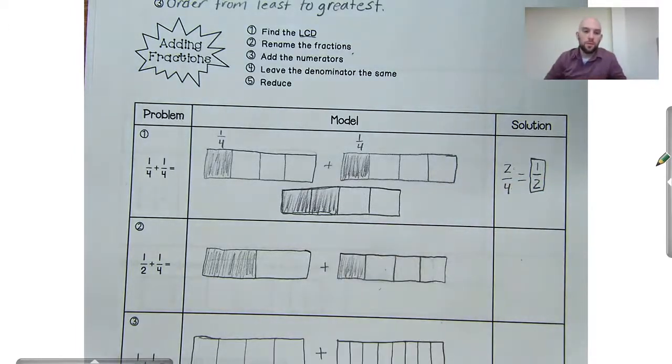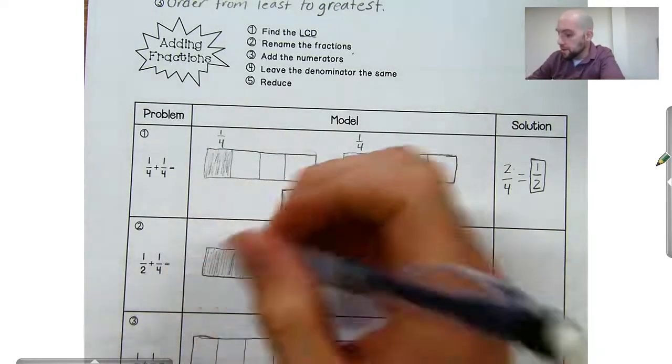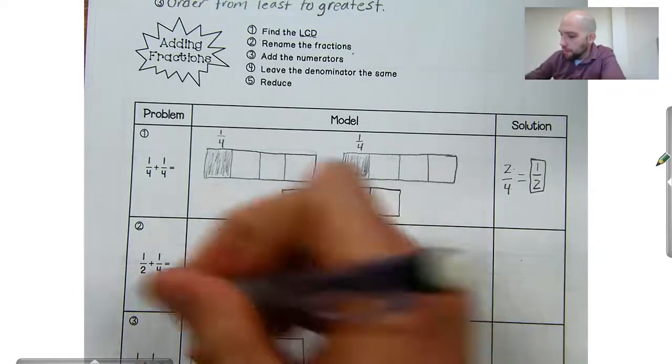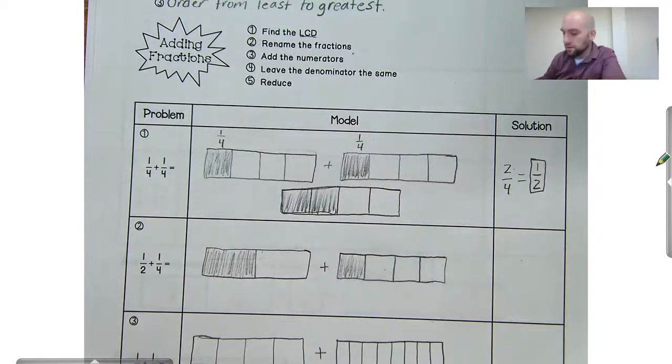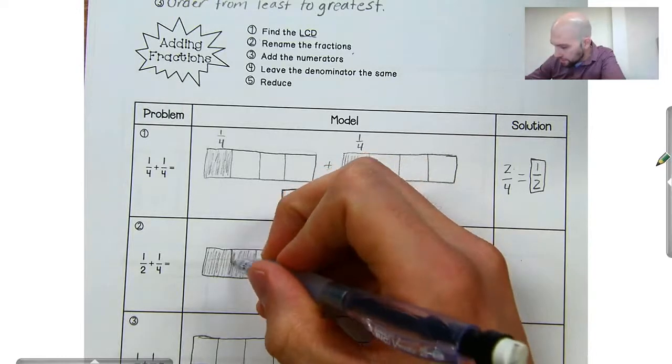I can't just say, oh, well, I'm going to add 1/2 plus 1/4 and get 2/2 or 2/4, because I need to have the same denominator before I can add those numerators. So the way that I'm going to find my common denominator here is, I could multiply these together, but because I'm using models, I can also see that I could just make my halves into fourths.